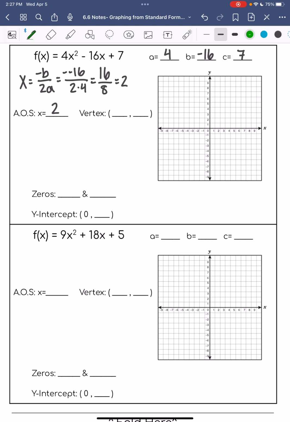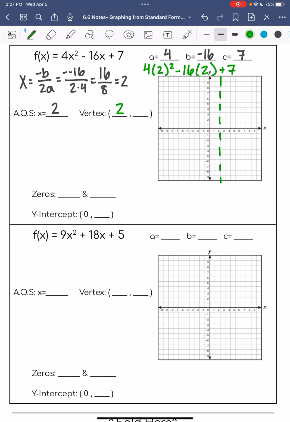I'm going to go ahead and graph that at 2. Graph my dotted line. Once I know the x value of my axis of symmetry, that is also the x value of my vertex. I can also plug that in to find my y value. So I'll do 4 times 2 squared minus 16 times 2 plus 7.